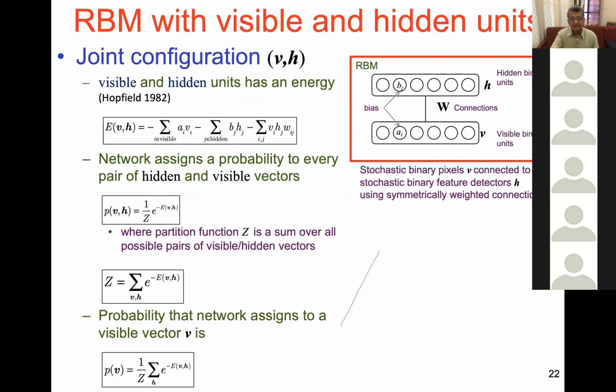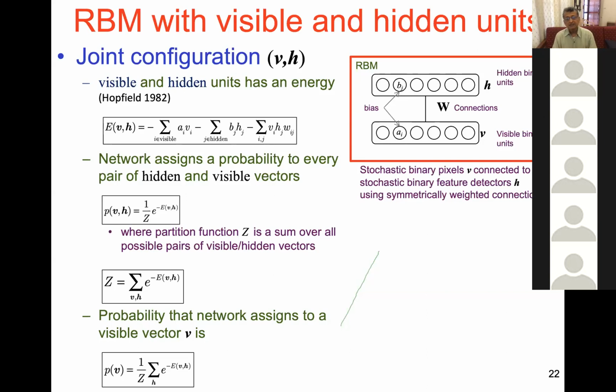We just said, here is the RBM. We have all these visible units, all these hidden units, the W connections, and biases, AIs here and BJs here. Slightly different notation than the previous slides: AIs are associated with V and BJs associated with H. So the joint configuration VH, of visible and hidden units, has an energy described in a famous paper by Hopfield in 1982, nearly 40 years ago.